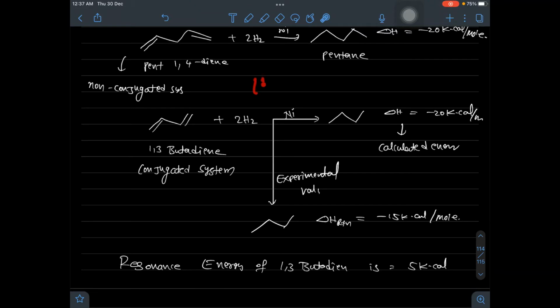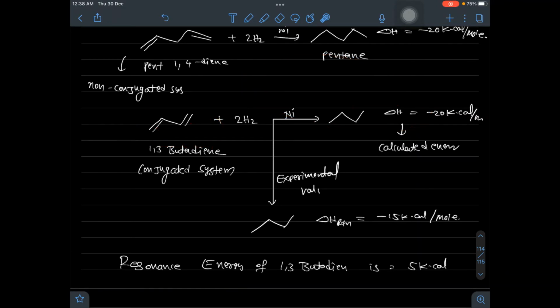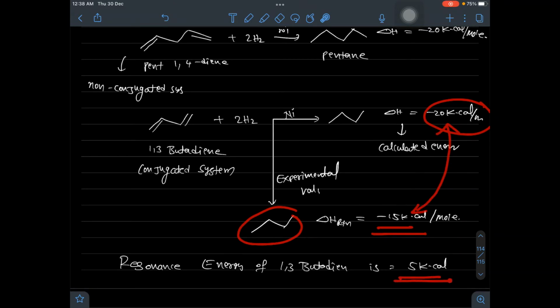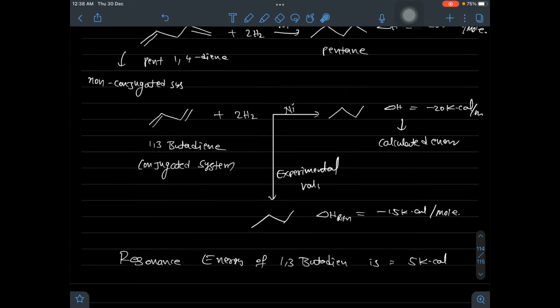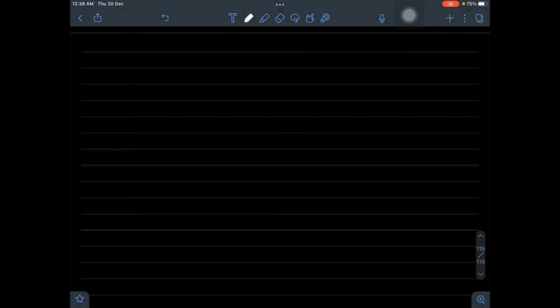Already we discussed that heat of hydrogenation is inversely proportional to stability. Due to delocalization of pi electrons, the compound becomes stable, so the heat of hydrogenation is lower than expected. We expected 20, but experimentally it is only 15. The difference between these two is called resonance energy.